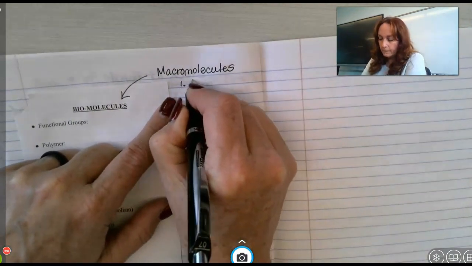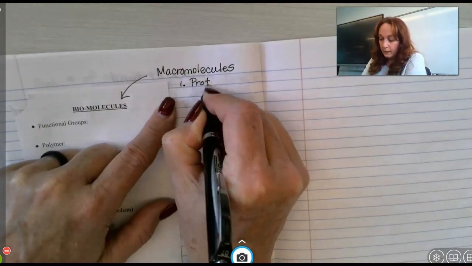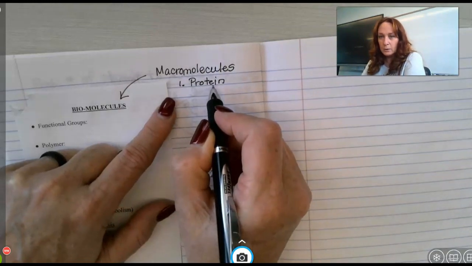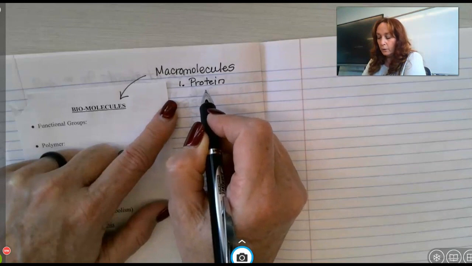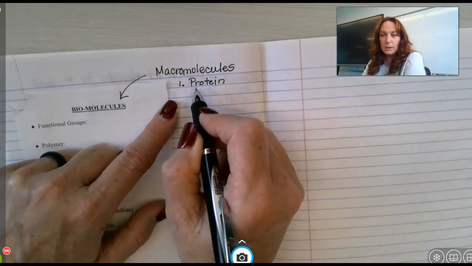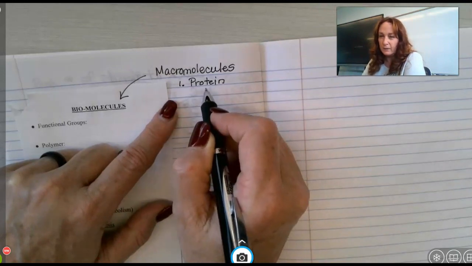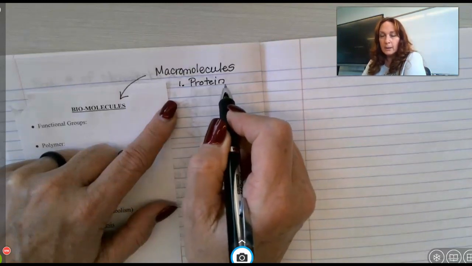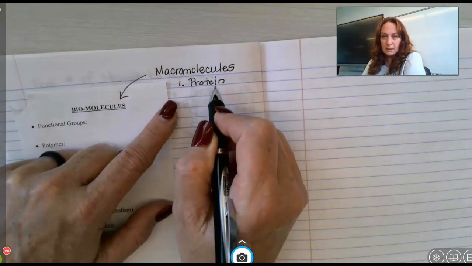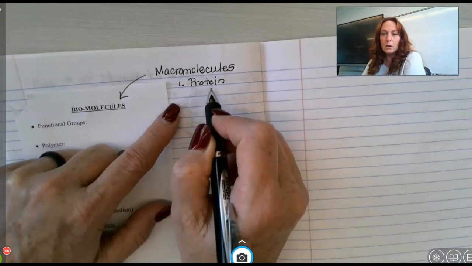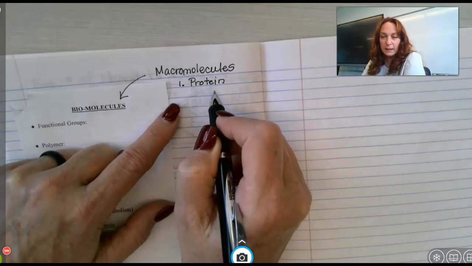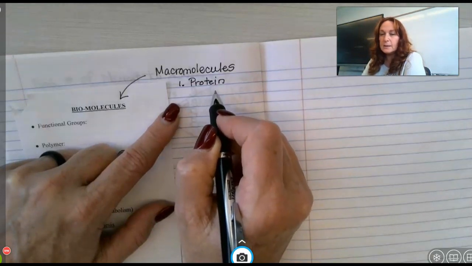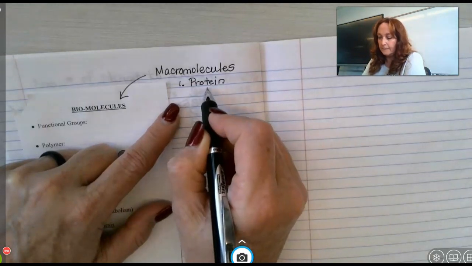A protein is a large macromolecule, made up of smaller subunits that we can actually classify. That's kind of the definition of a macromolecule: a large polymer made up of smaller subunits. The subunits aren't exactly the same, kind of like Legos, but they're pieces that are assembled into this protein.